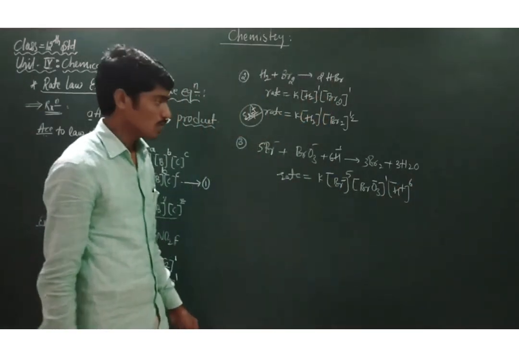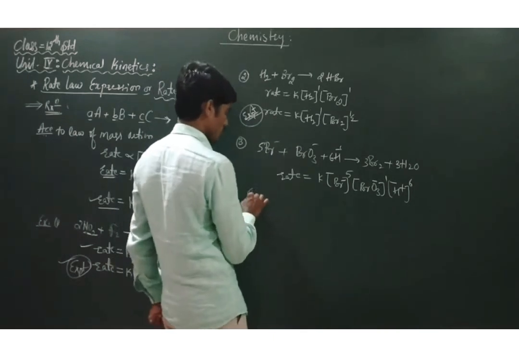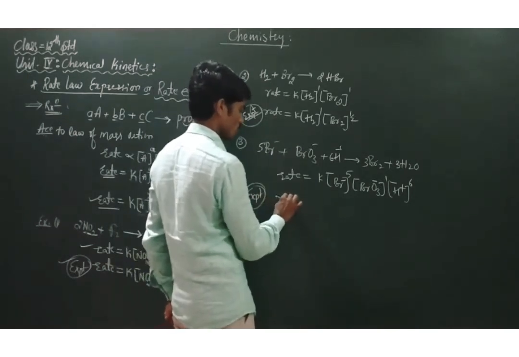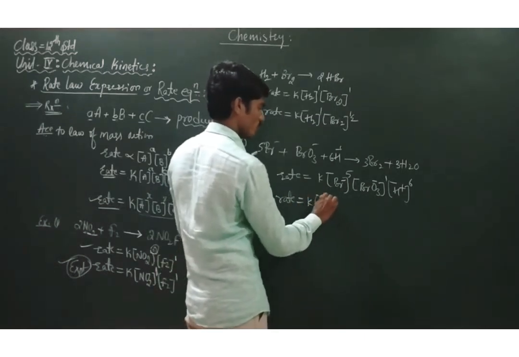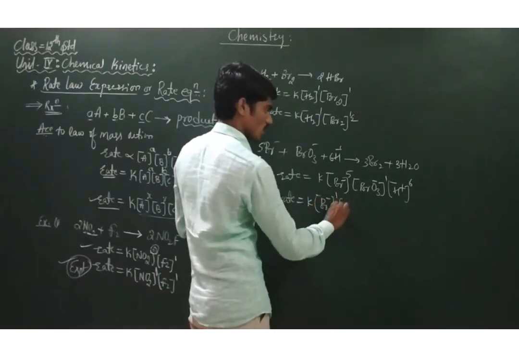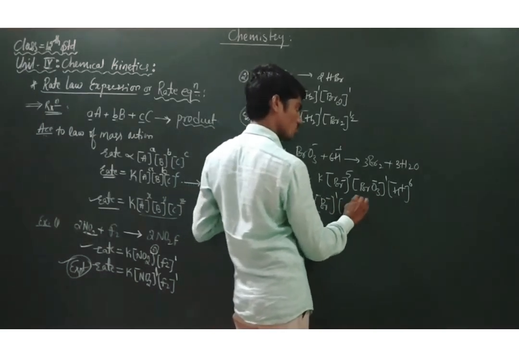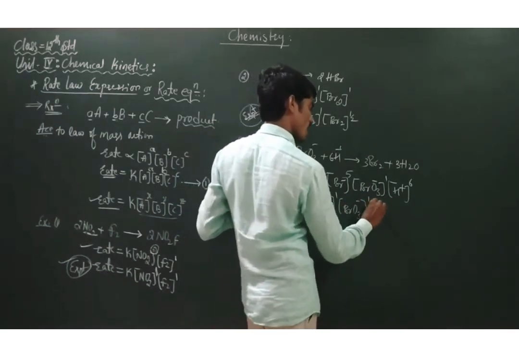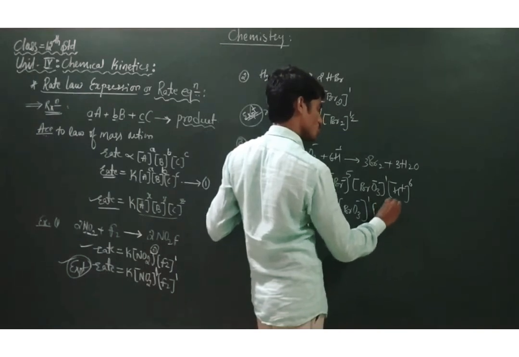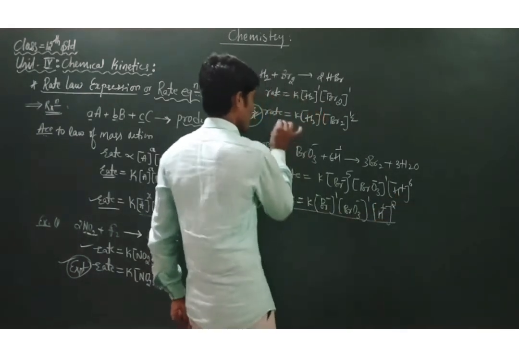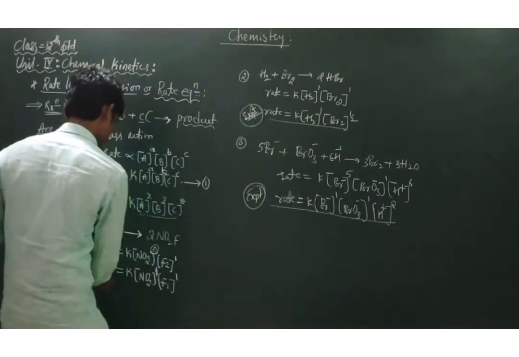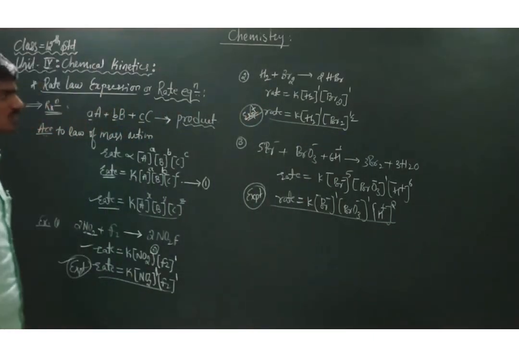But the experimentally determined rate equation shows that the rate depends on concentration of Br minus to the power 1, concentration of BrO3 minus to the power 1 and concentration of H plus to the power 2. So this is the experimentally determined rate equation. These equations are known as rate law expressions or rate equations.